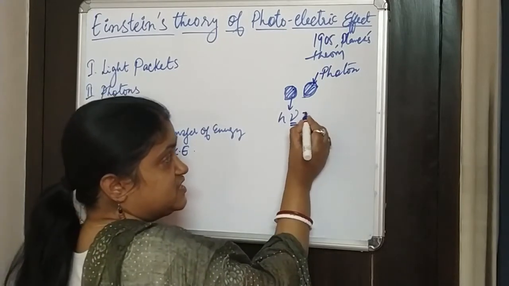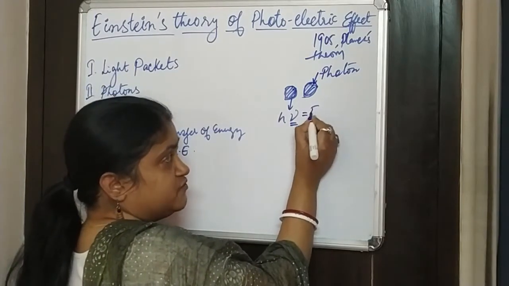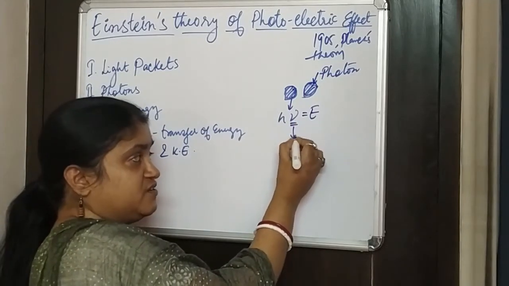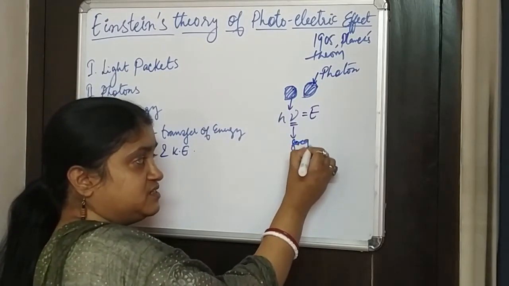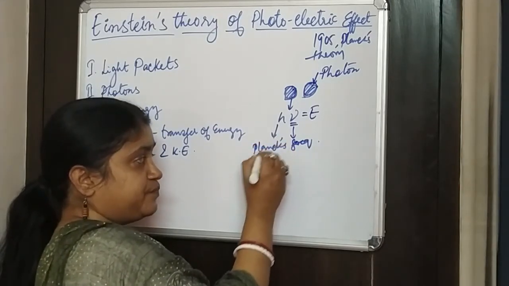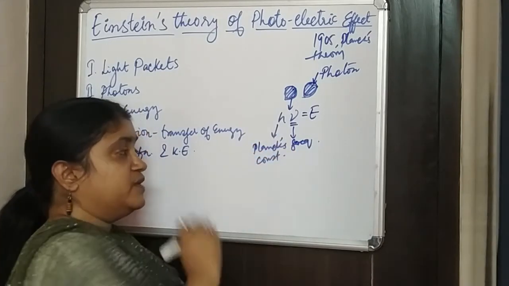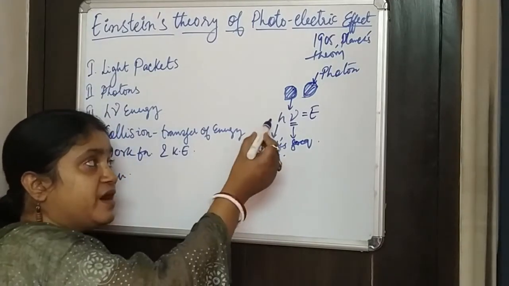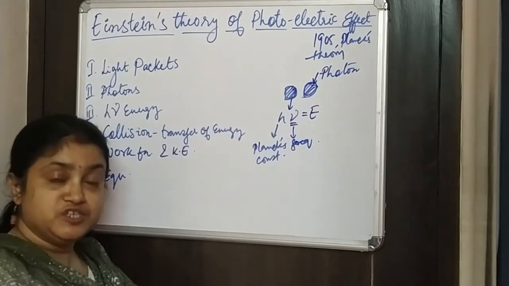This energy is given by h into the frequency of light, or h nu, where nu is the frequency of the light and h is called Planck's constant.